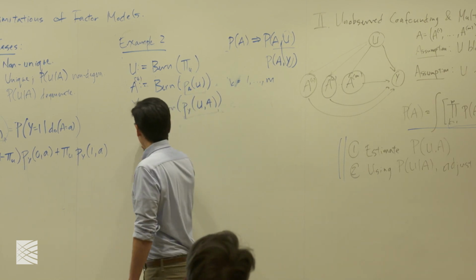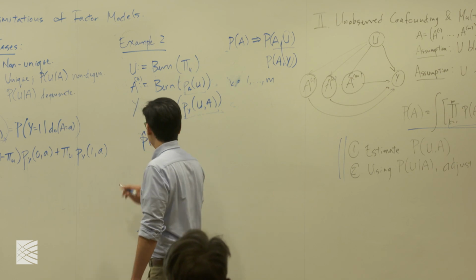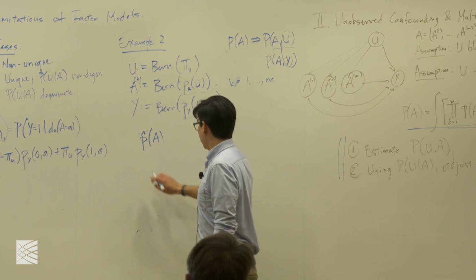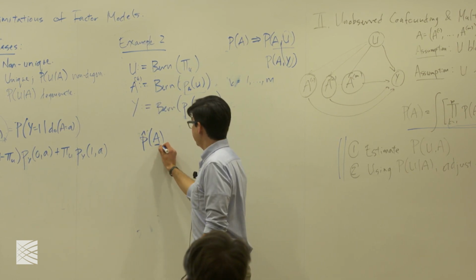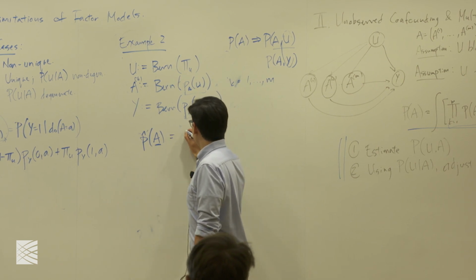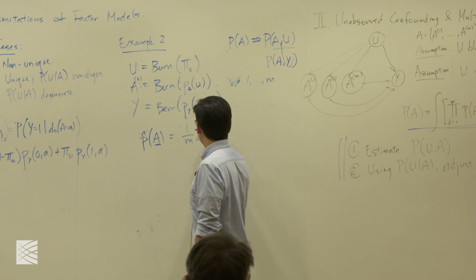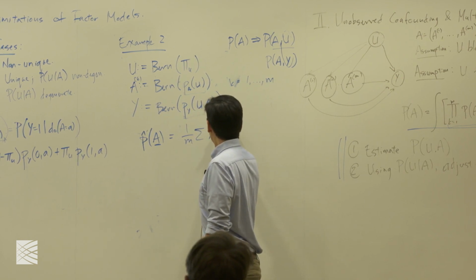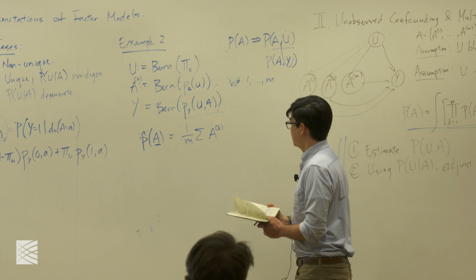And so a very easy way to see that is that for a unit that has a given set of causes A, we can write p hat of A as just the average of all of the observed causes.